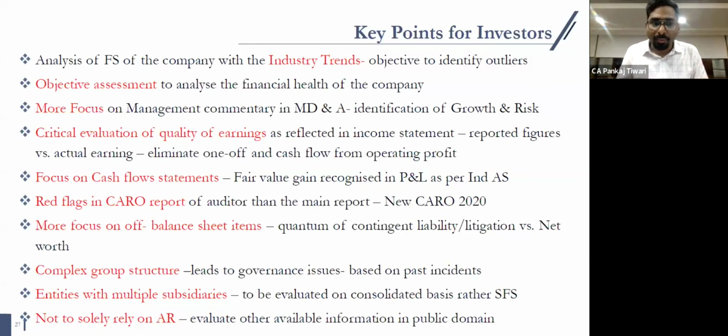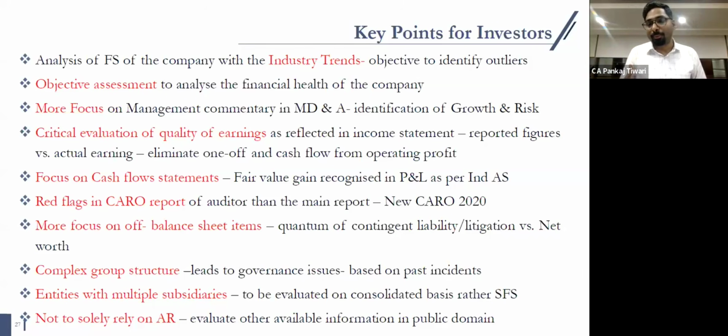Compare it with the industry trend. One more important point is that please focus more on the management discussion and analysis. As I said, whether the management has identified the growth aspect and has identified the risk aspect also. Quality of earnings: no one-time item should be there in the profit and loss account, my friend. That is what is known as the quality of earnings.